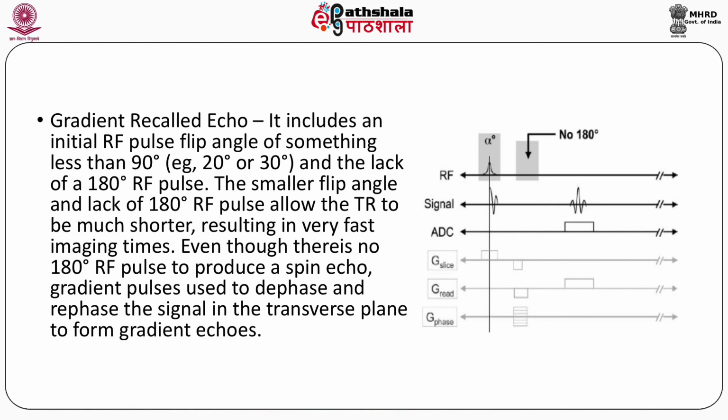The nuclei which were precessing in phase start dephasing, and when this magnetic field is reversed, the reversing causes these nuclei to rephase. This dephasing and rephasing produces the gradient echo pulse sequence.